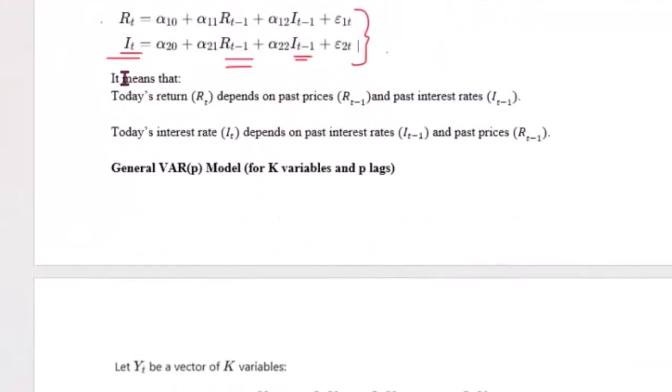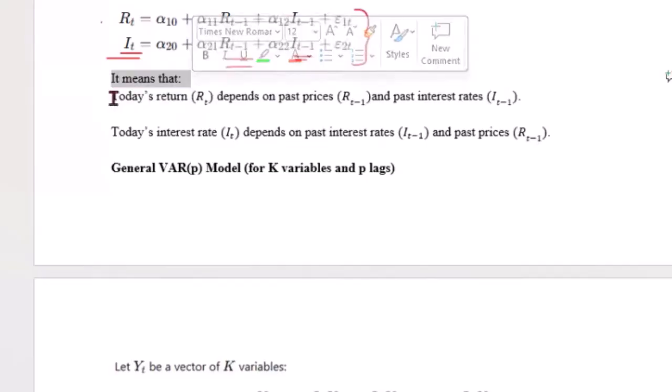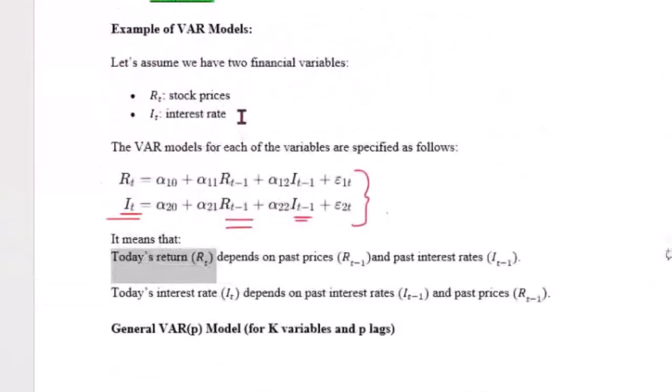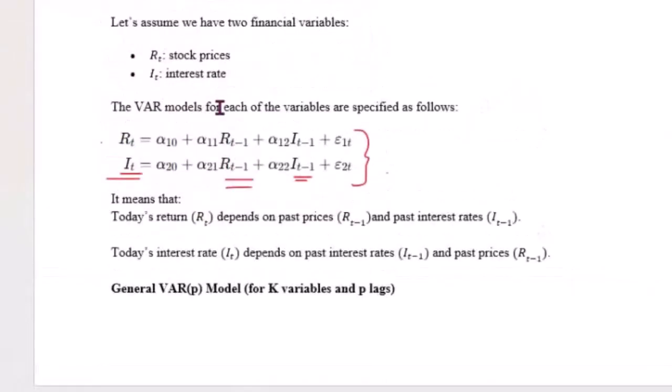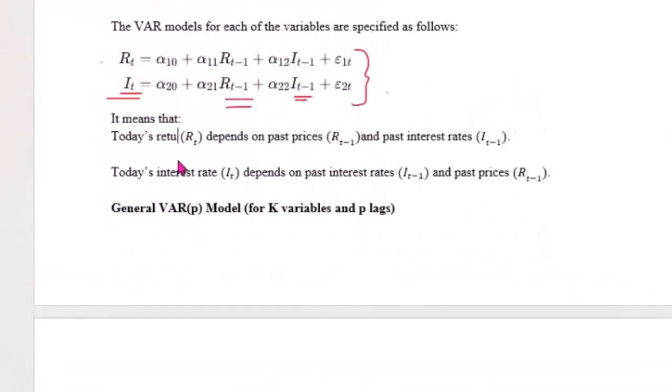So it means that today's return, RT, should be today's stock prices. Today's stock prices depend on the past prices RT minus 1, RT minus 2, RT minus 3, etc., and past values of the interest rates.